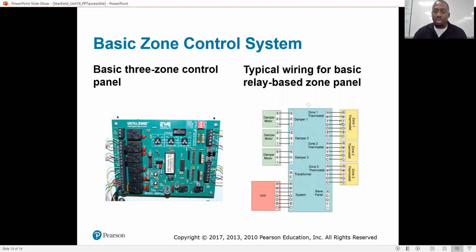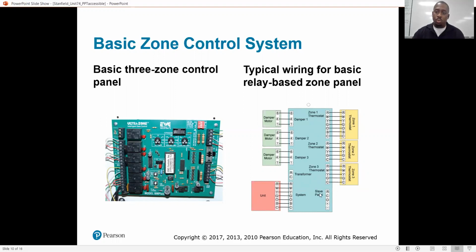So instead of cutting the unit off, when they cut theirs off, this zone damper closes again. This one stays open. This one never opened because they're nice and warm and like it that way. This damper's still open and the system's still operating. When all 3 thermostats are not calling for cooling is when the system will cut back off.